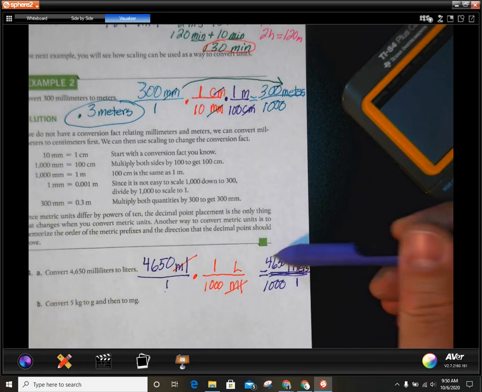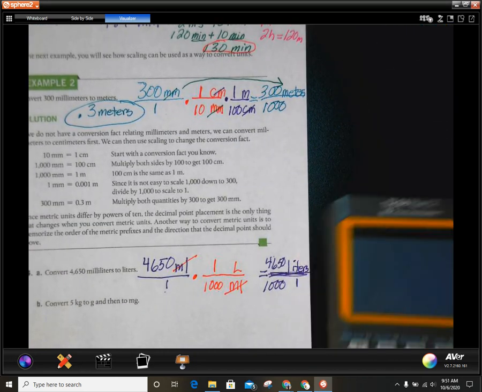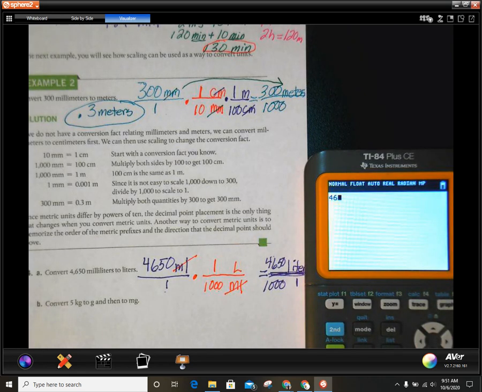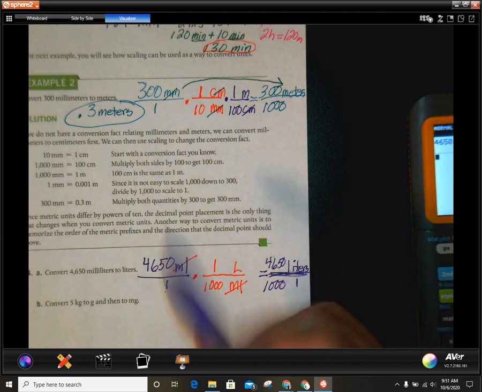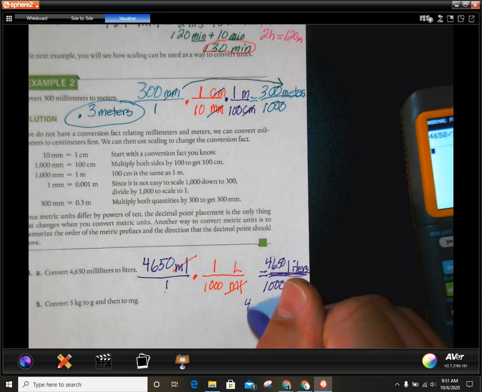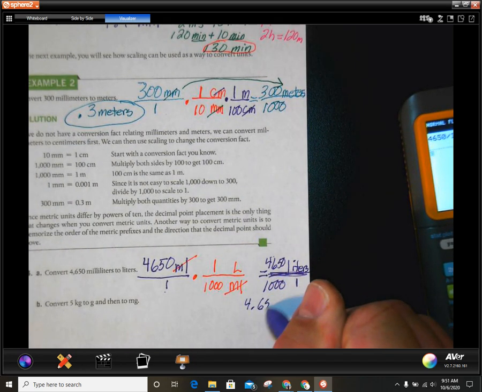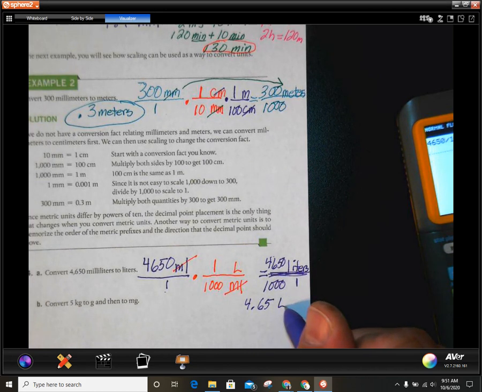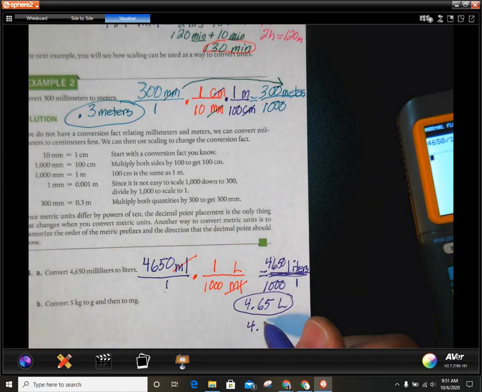So I'm going to take 4650 divided by 1,000, and I get 4.65 liters. And if you want to round it, 4.7 liters. Either one.